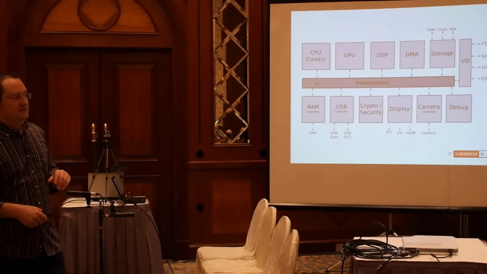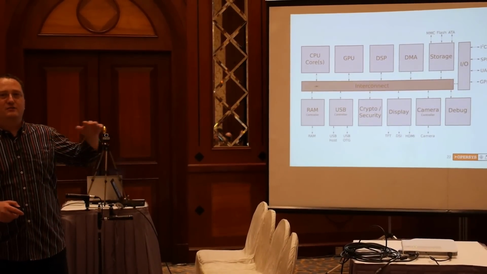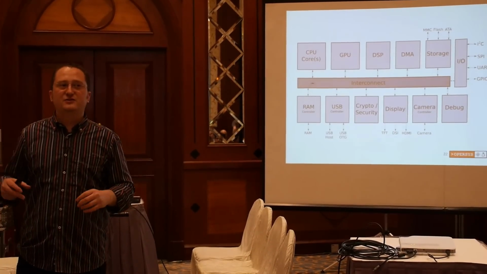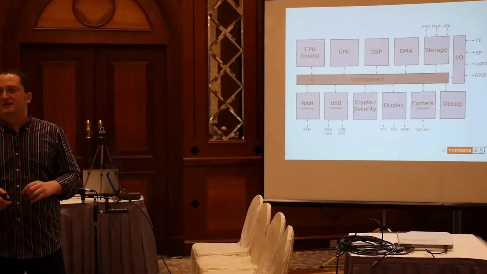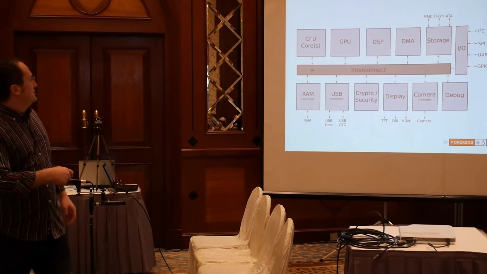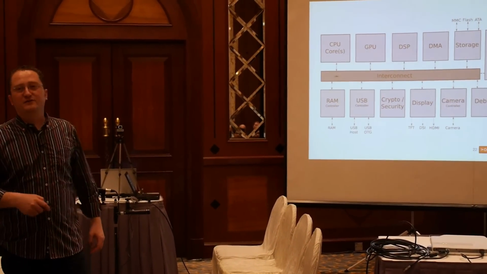What a SoC looks like is something like this. You have some kind of networking kind of interconnect, and then everything is connected to that thing through that interconnect. All right? So the processor, which is ARM, can be connecting to a whole variety of different things.